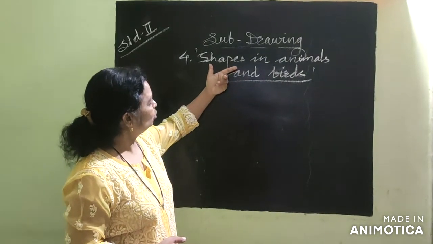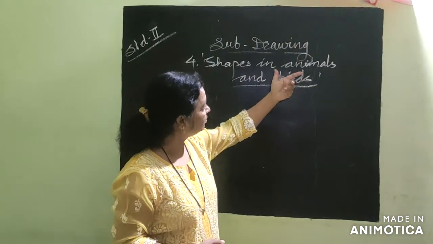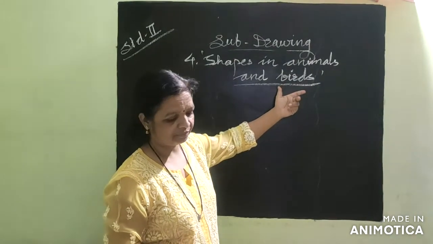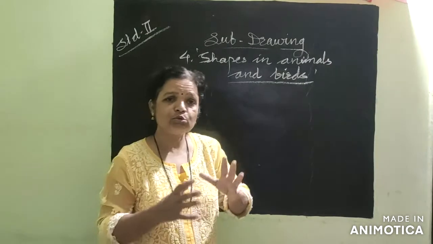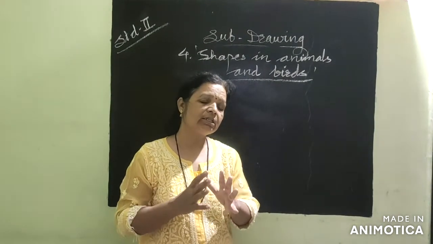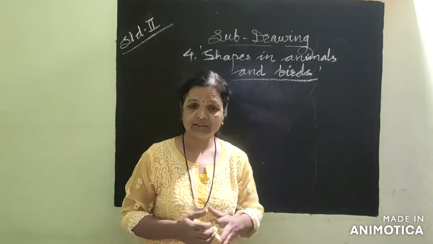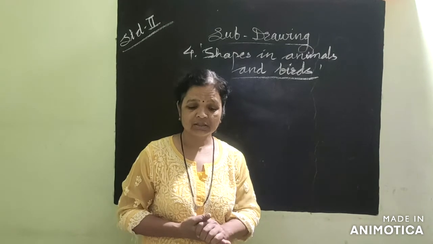Now, using those basic shapes, we will try to draw animal shapes or bird shapes today. We also learn how to connect different shapes with each other in three ways. We already learned it in the previous lessons, so try to remember it.